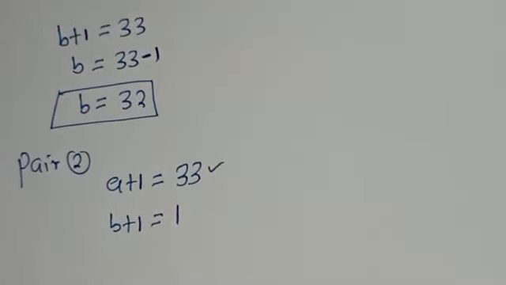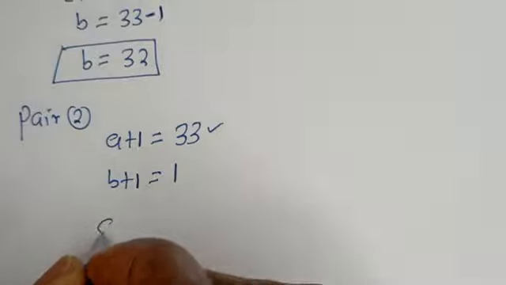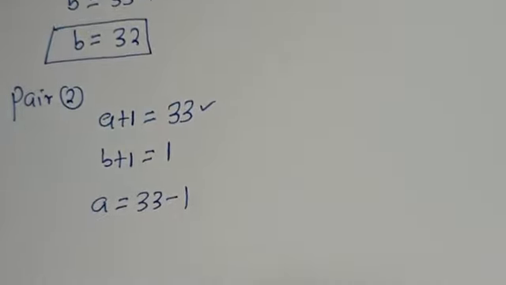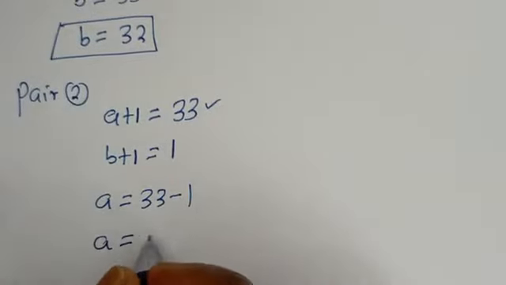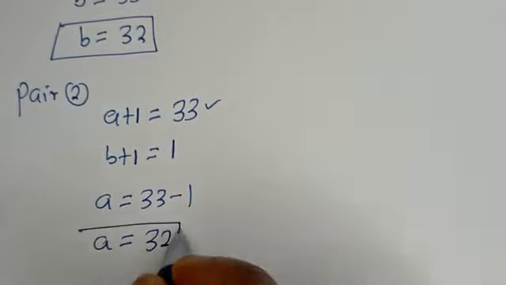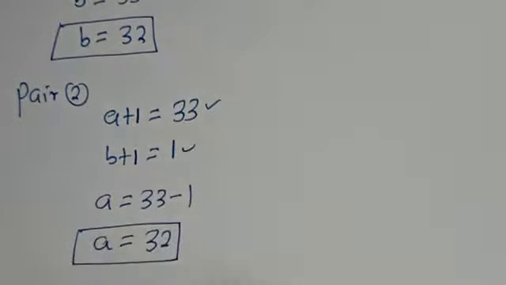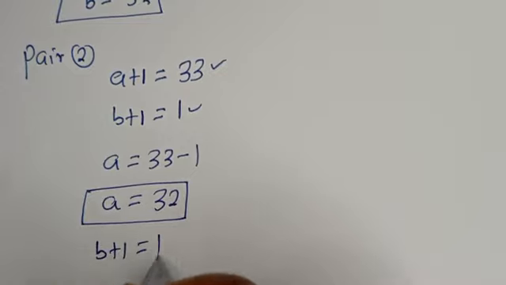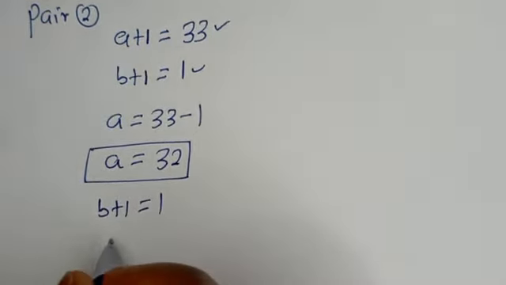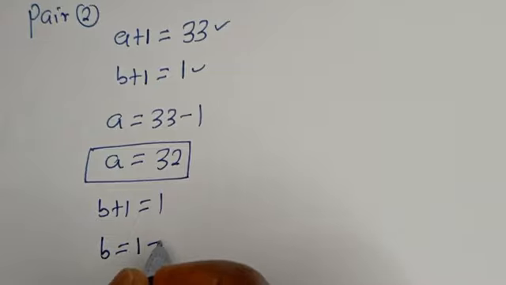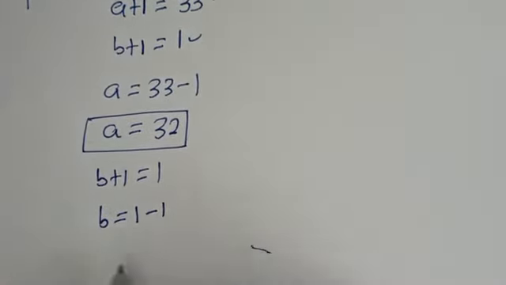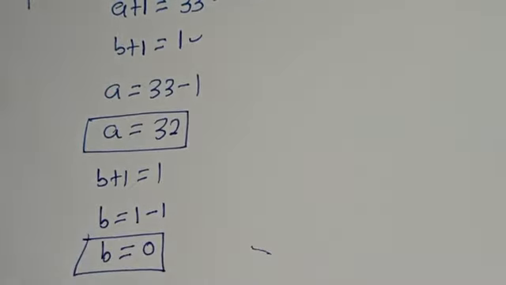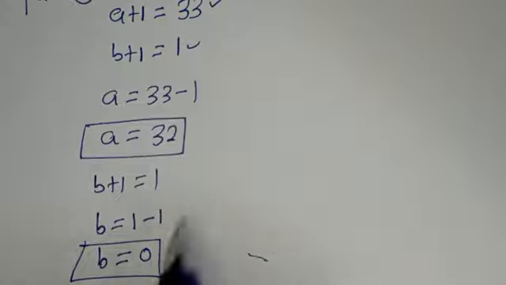And from here, a is equal to 33 minus 1. a is equal to 32. Also from here, b plus 1 is equal to 1. b is equal to 1 minus 1. Then b is equal to 0. We finish with the second pair.